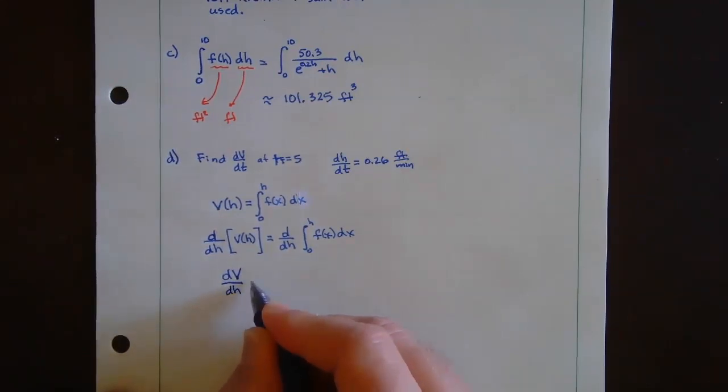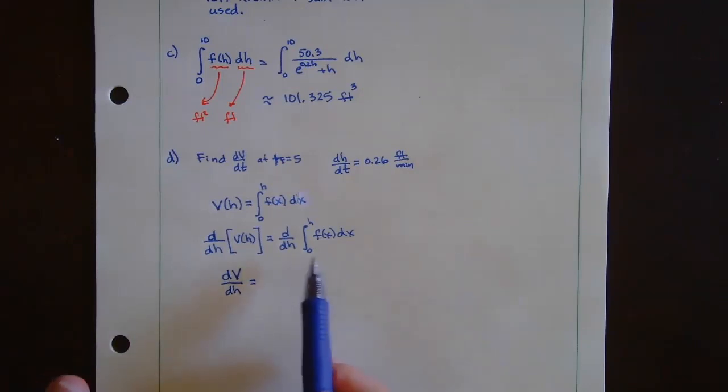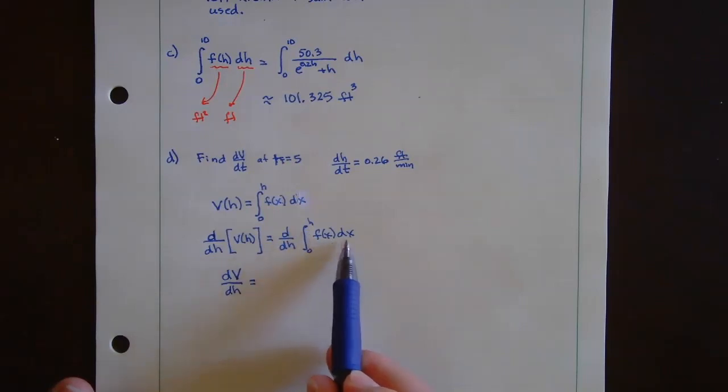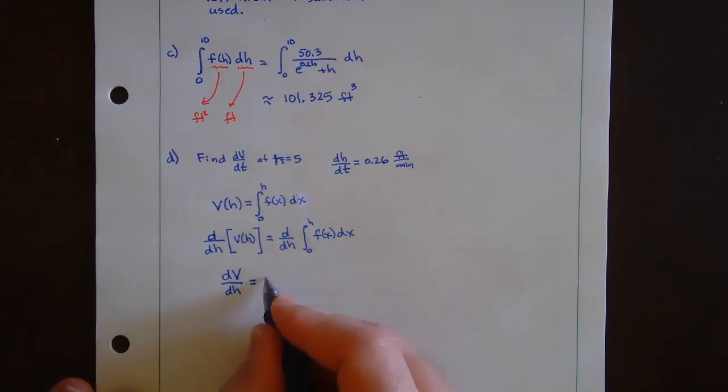And when I take the derivative with respect to h of this integral from 0 to h of f of x dx, it's just going to give me f of h.